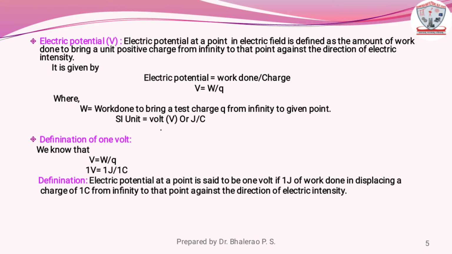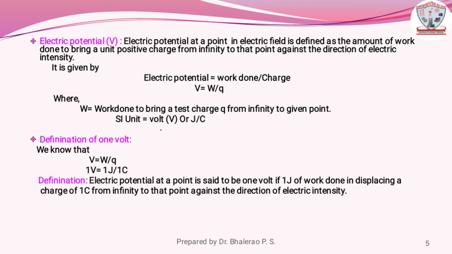Now, the electric potential, which is denoted by V. The electric potential at a point in an electric field is defined as the amount of work done to bring a unit positive charge from infinity to that point against the direction of electric intensity. It is given by electric potential equal to work done upon charge.